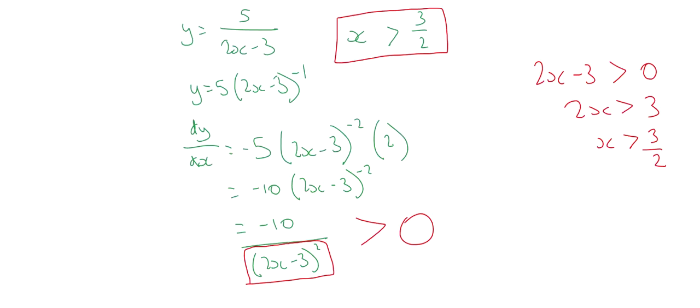There is no value of x you can put in, given our restrictions, or frankly not, that would make the derivative ever be positive. I think I just said the wrong thing. The value of this is never going to be positive because you've got a negative dividing a positive, which means the answer is always going to be negative, which means this function is always decreasing.